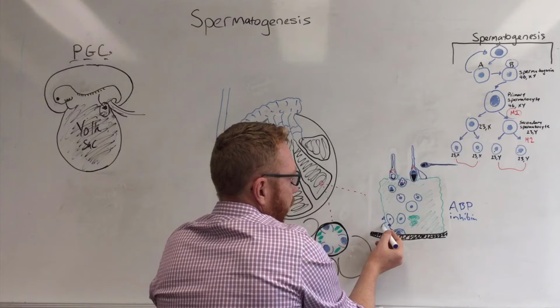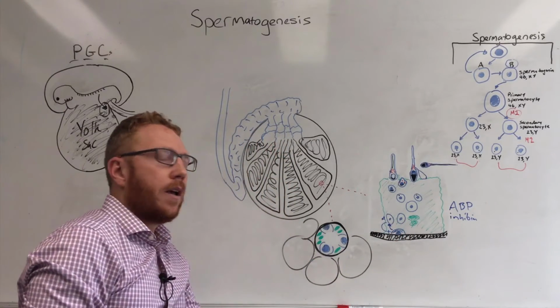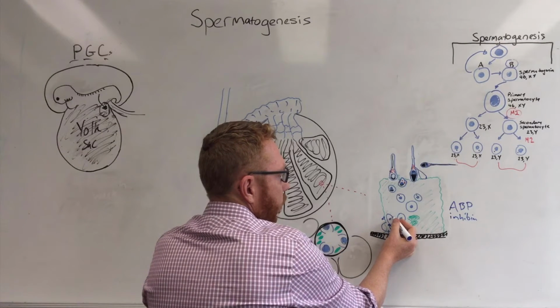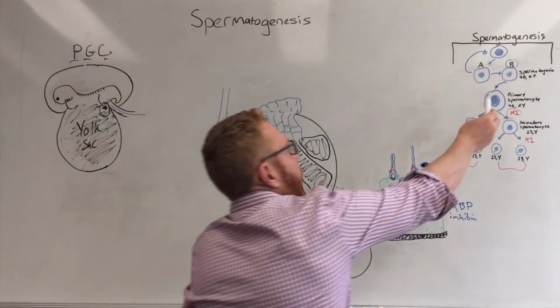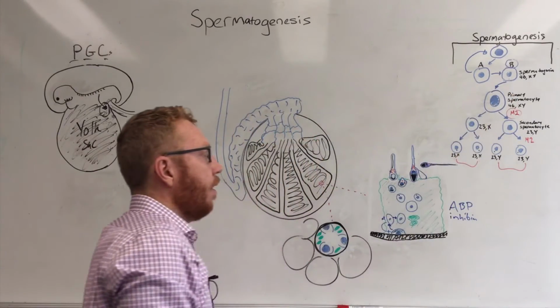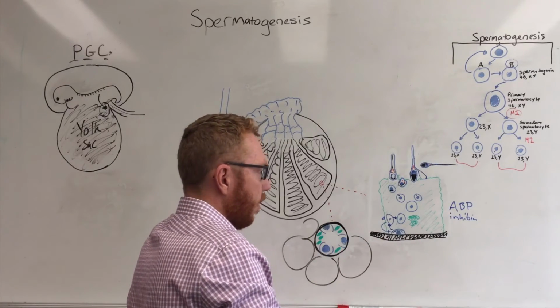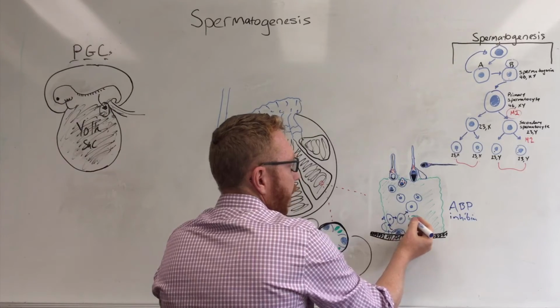This will essentially feed back, and this process will just continue to maintain that pool of cells. But some of these type A cells will differentiate into a type B cell, which is going to be here. This will further, through mitosis, copy itself, and then go into a primary spermatocyte.